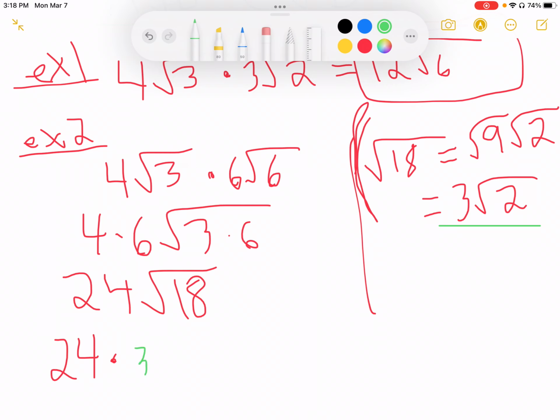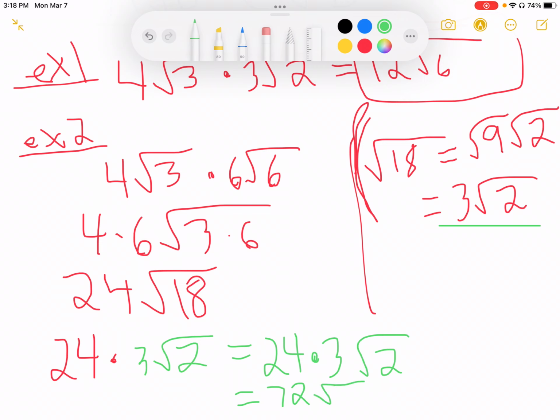I write it over here and substitute it back in. So I have 3 root 2, and then I do 24 times 3, and multiply it by root 2, which simplifies to 72 root 2. And that would be my answer.